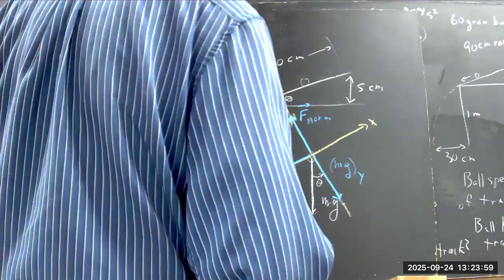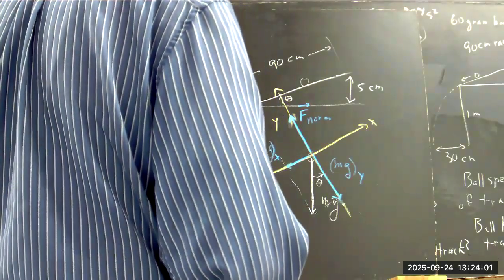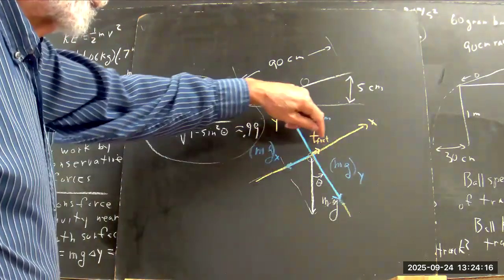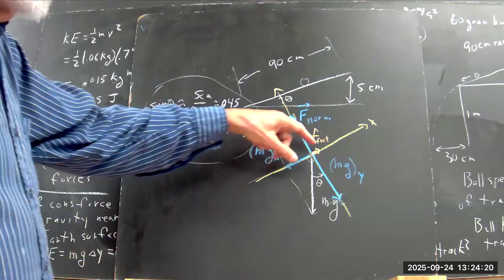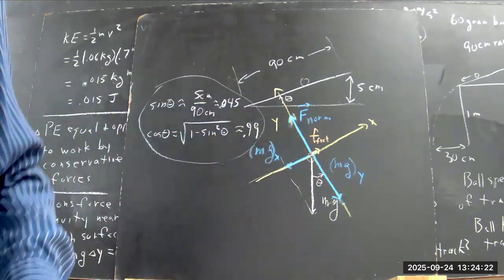Now there's another force, which is usually a little f. It's a force of friction. Got a little subscript there, kind of abbreviates friction badly. Okay. We're going to ignore that for right now.